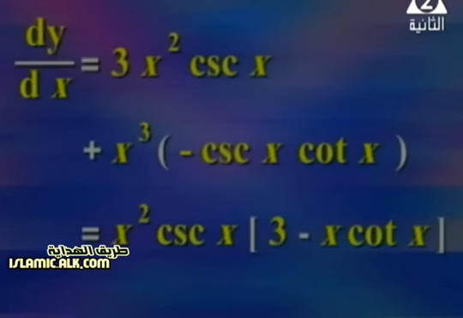What do we mean? 3 is a constant, and the differentiation of x power 3 is 3x power 2, times cosec x, plus x power 3 times the differentiation of cosec. What is the differentiation of cosec x, dear student? Negative cosec x cotan x. Then by the highest common factor x squared cosec x, the answer is x squared cosec x multiplied by the bracket 3 minus x cotan x.